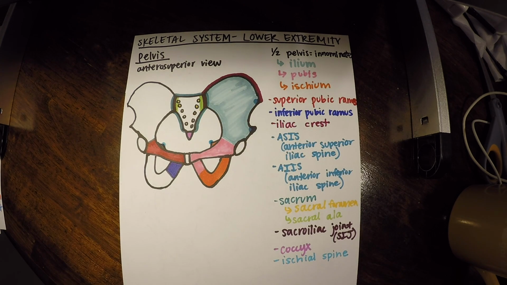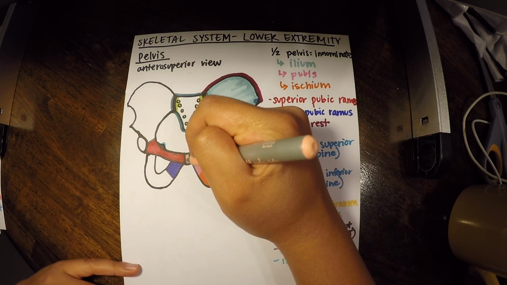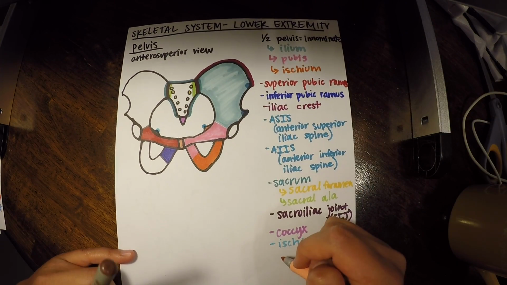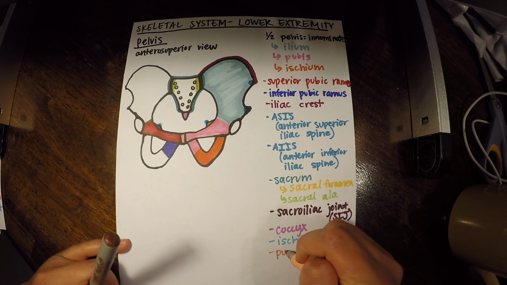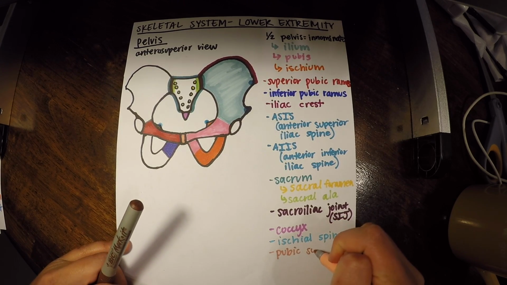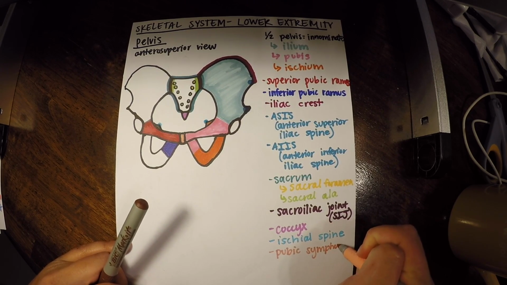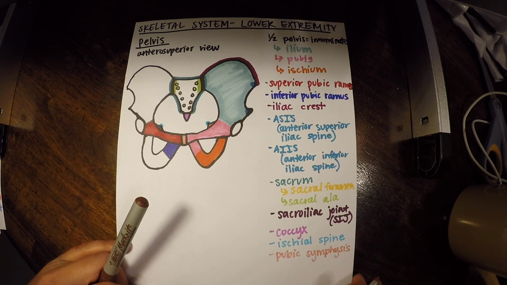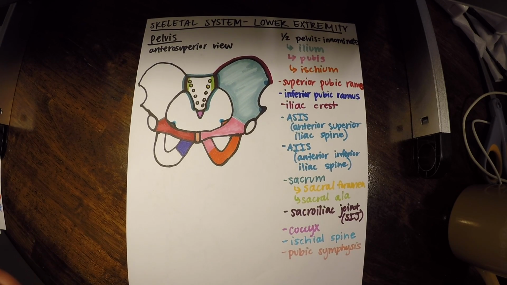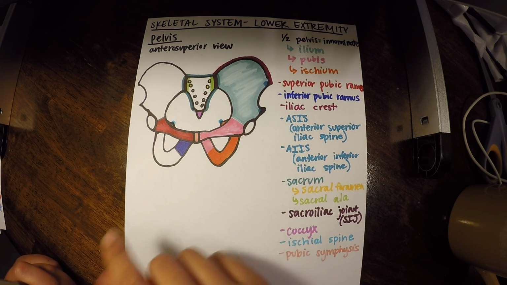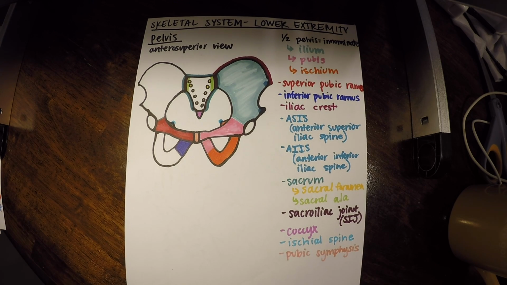Actually, I'm going to make it this nice little peach color. There we go. That is our pubic symphysis. And that is actually made of the same tissue that the discs in your spine are made of, in between each vertebrae.